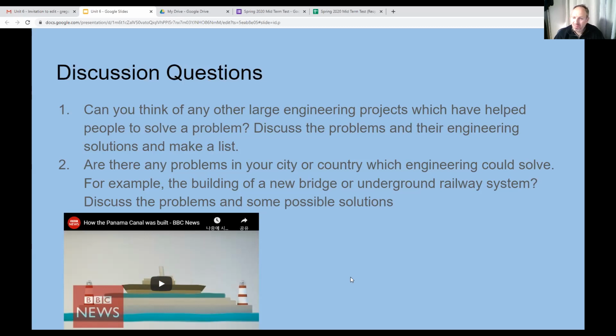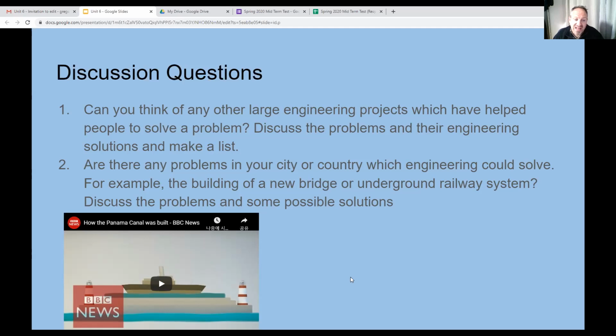All right, so obviously around the world, there are many huge engineering projects, many enormous bridges. In Japan, the bridges join the different islands. Obviously there are tunnels through mountain ranges all around the world. There are tunnels under the sea, for example, between England and France.